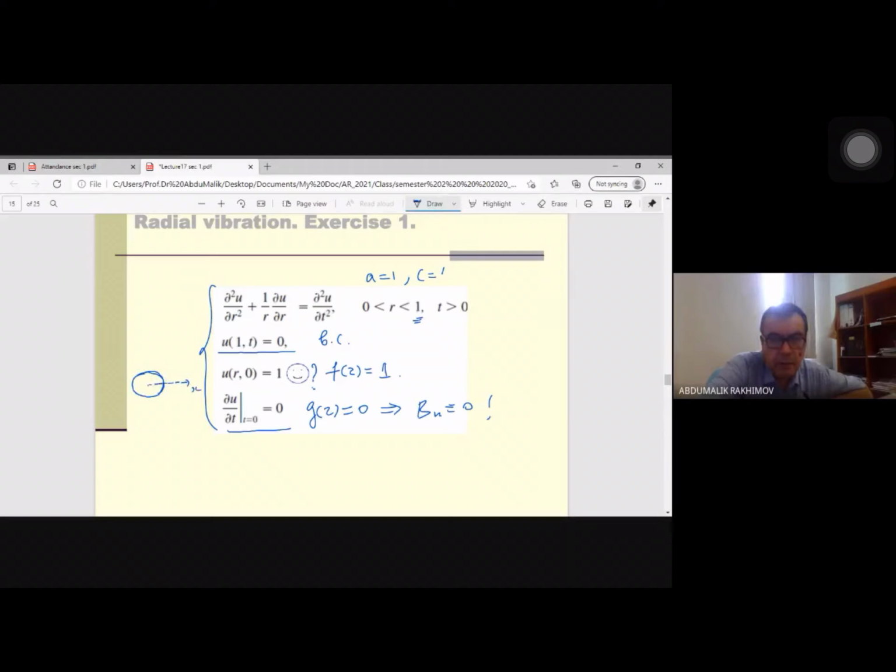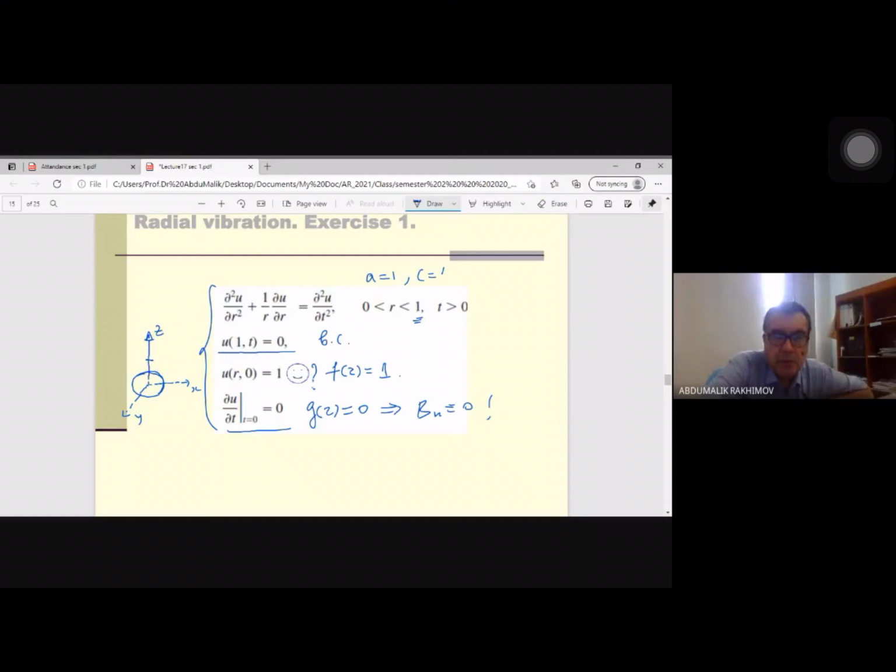This is X. Let's say this is Y. Zero with respect to Z, right? The boundary is fixed here, right? Let's say this is the Z-axis, and let this be 1 on the Z-axis.